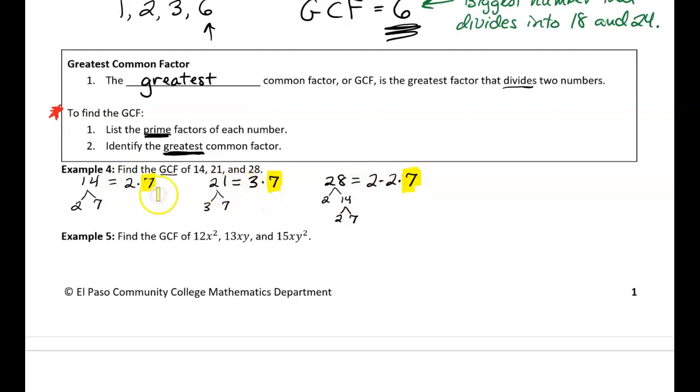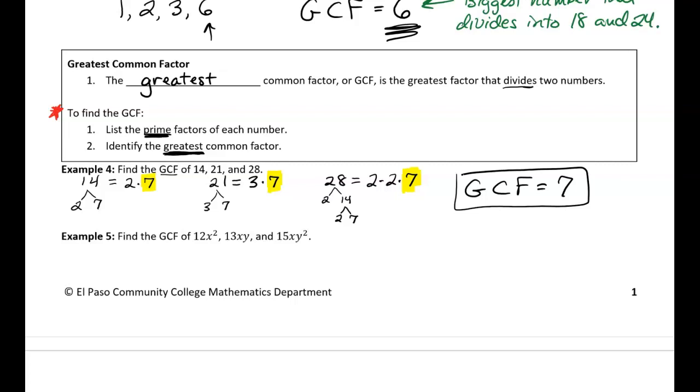What about the 3? Oh, the other ones don't have 3s, so we've gone through all the possibilities. Our GCF in this case will be the 7. That's the greatest common factor that all of those numbers would have. They're all divisible by 7, and that's what the prime factorization helped us find.